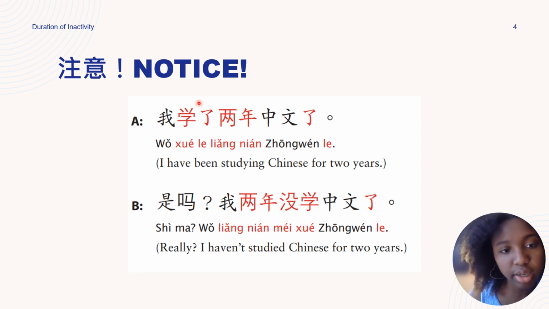We do see a 了 here. 我学了2年中文了 As opposed to here. 我2年没学中文了 not 我2年没学了中文了, none of this. Because 学了2年中文 is affirmative. So just notice that, and as you see it around, it will click. Mistakes are not fatal, but as long as you take notice of them, that's all that matters.